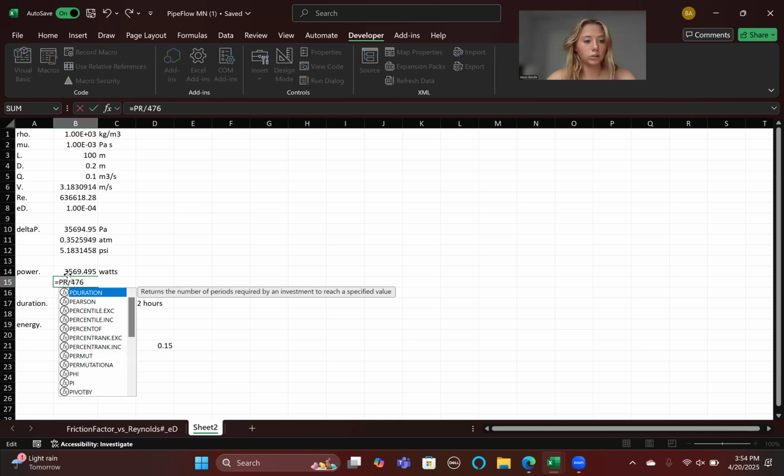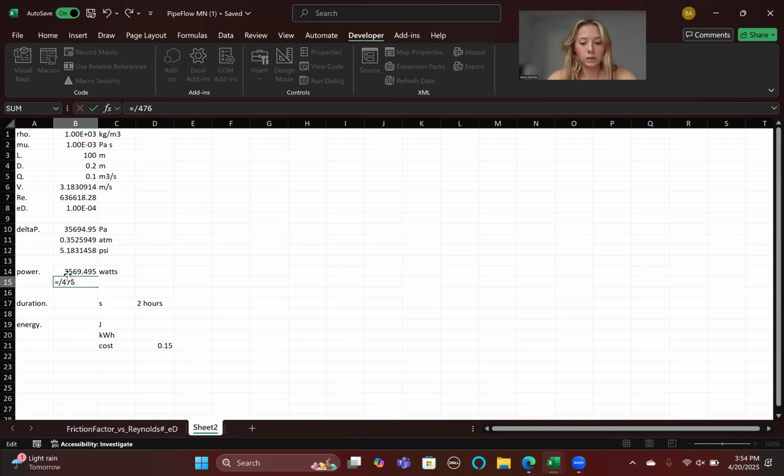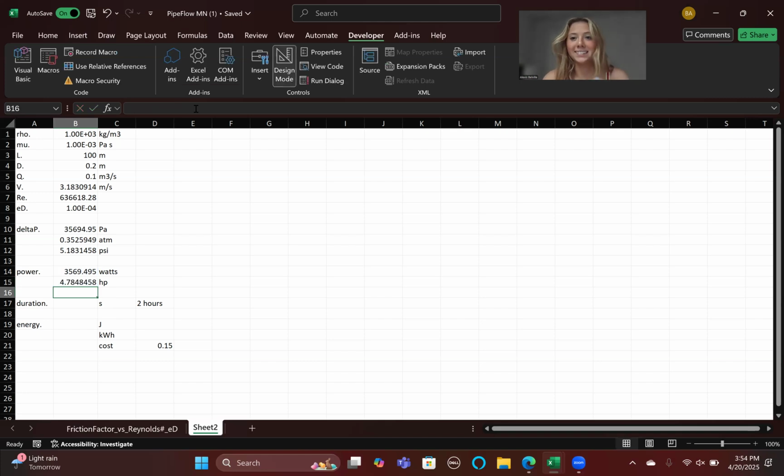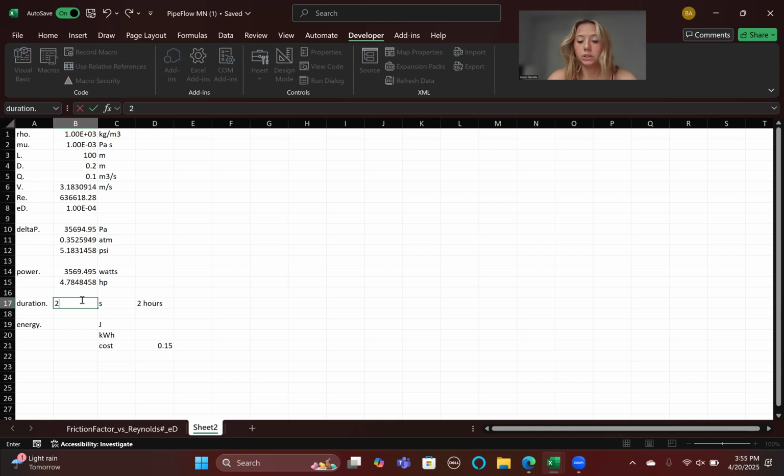Caps lock is also on. Power dot. Okay, there we go. I lied. Our power is not divided by 476, it's 746. There we go. And so the time is going to equal 2 times 3,600.